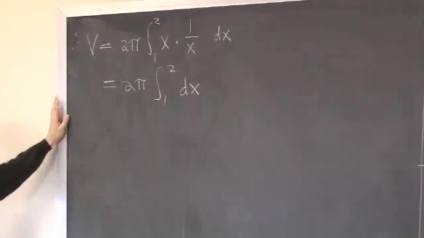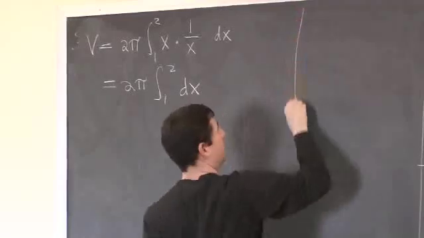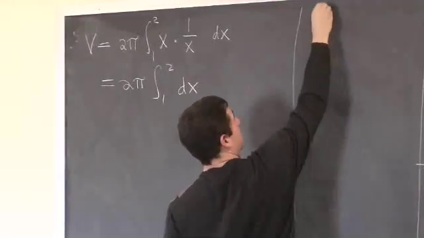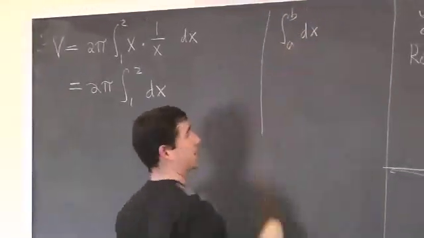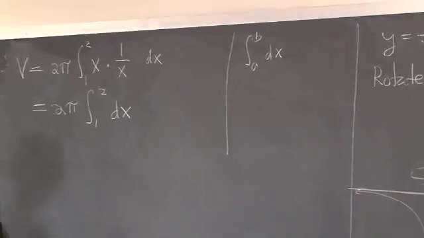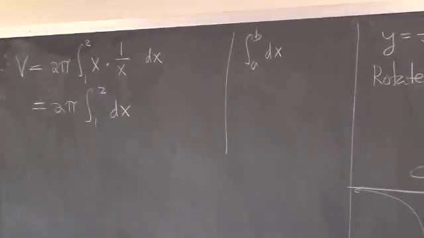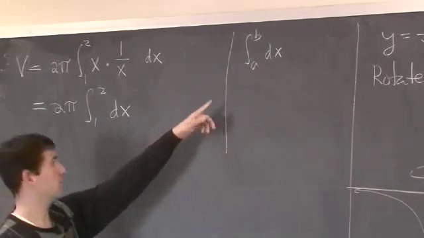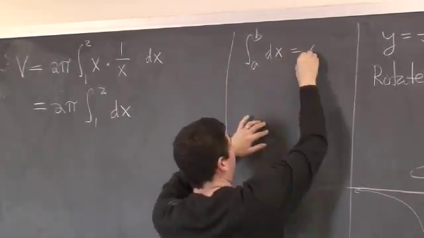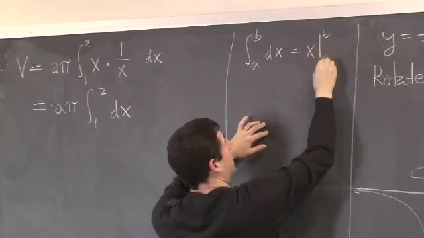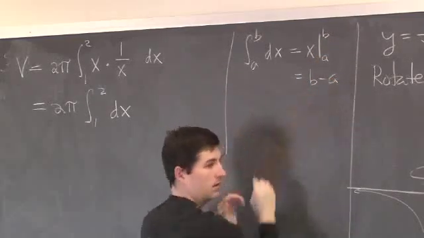Of course, in general, just a little aside here, what is the integral from a to b of dx? Not a minus b, but b minus a. Of course, you can do it directly. You can just say, okay, well, this is x evaluated at b and a, and so it's b minus a.